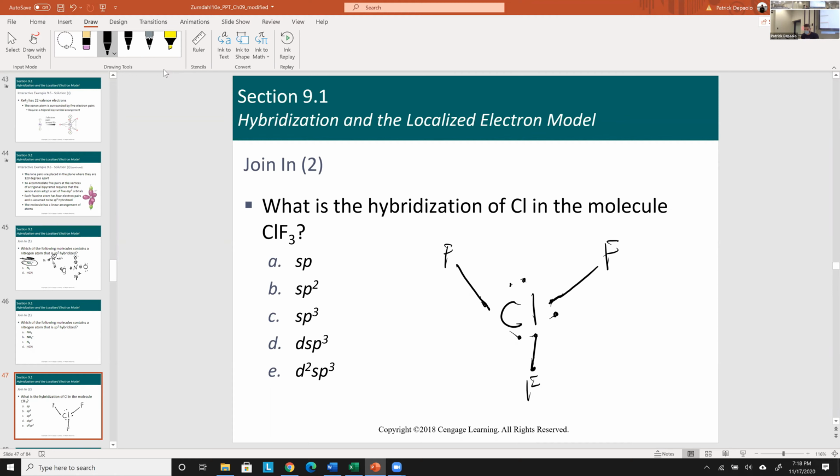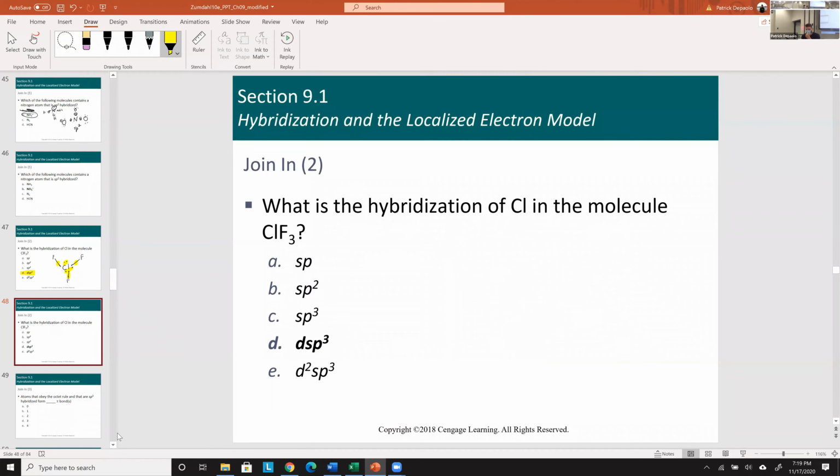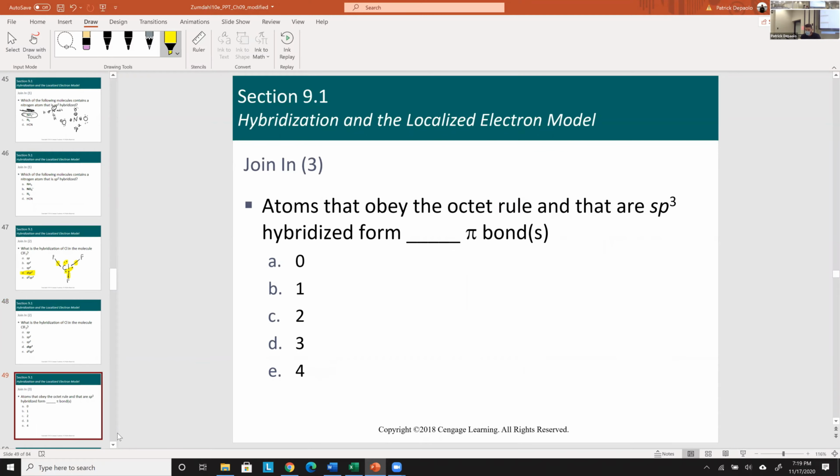Okay. So now what is the hybridization here for the chlorine? Yes, dsp3, because we have 1 electron group, I'll highlight them, 1 electron group, 2, 3, 4, 5, dsp3. Okay, cool. I think we're getting the hang of it.